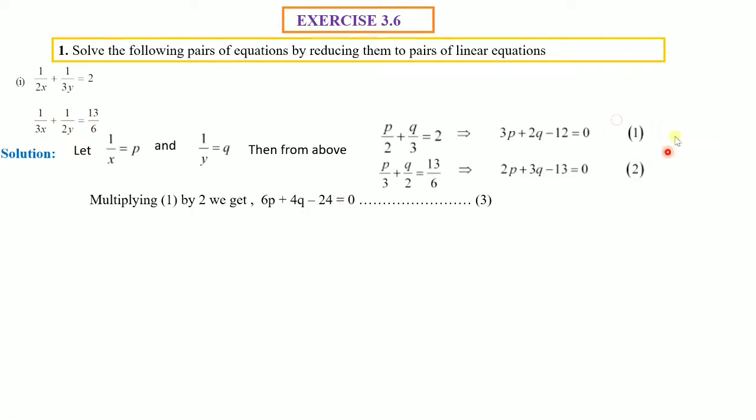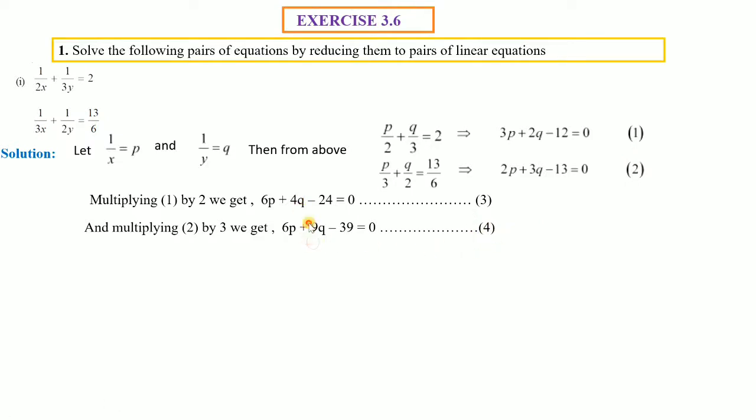So equation number 1 now becomes equation number 3. Next, multiplying equation 2 by 3, we get 3 twos are 6p plus 3 threes are 9q, and 13 threes are 39 is equal to 0. Now the second equation becomes equation number 4.